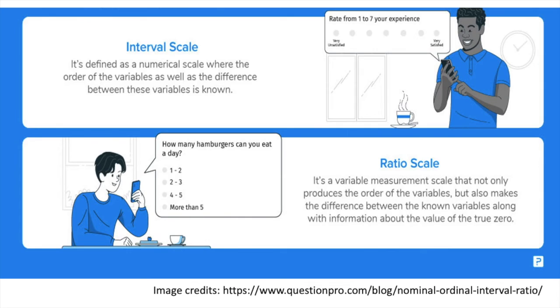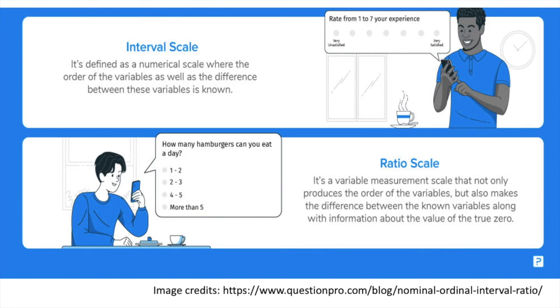And last one, we have the ratio scale. It's a variable or measurement scale that not only produces the order of the variables but also makes the difference between the known variables along with information about the value of the true zero.